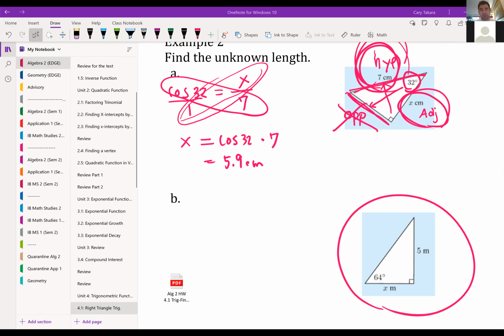Once you've written down opposite, hypotenuse, and adjacent, I'm going to pick the one that will use these two sides, 5 and x.